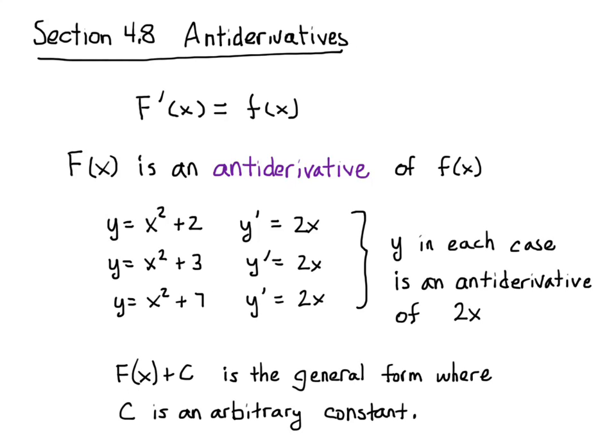That means it really is arbitrary. You can choose any number that you want, and in general, unless you have a basis of choosing a number, you don't choose it. You just basically say it's c. And this is one of the easiest things to forget when you're finding antiderivatives, is to put the c at the end.